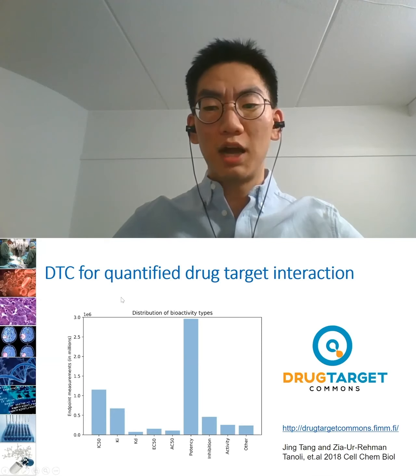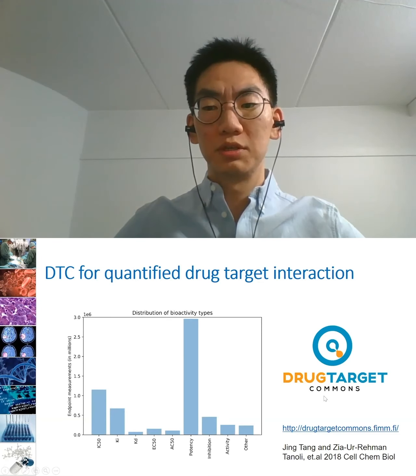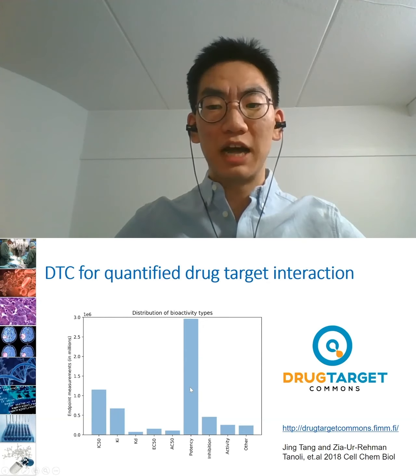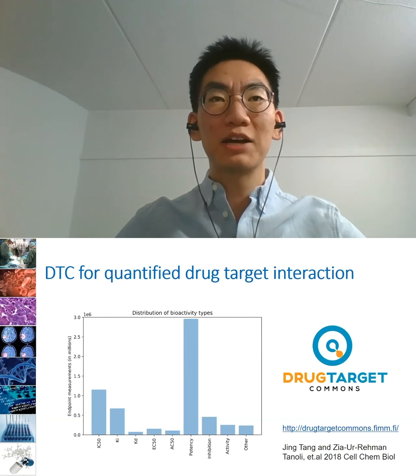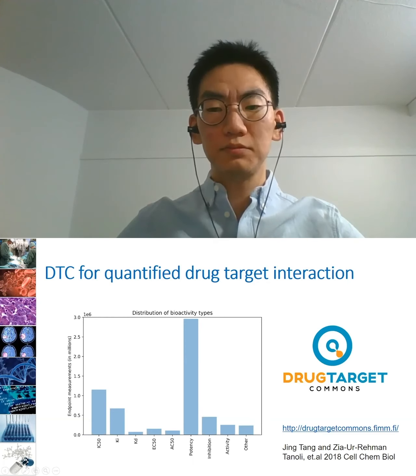So for drug target information, we use the DTC, Drug Target Commons, which is published in 2018. DTC is a community effort for curating and standardizing the drug target interactions from various experimental resources.